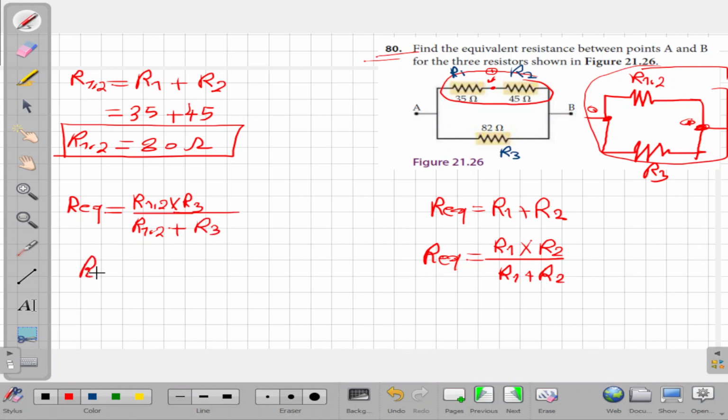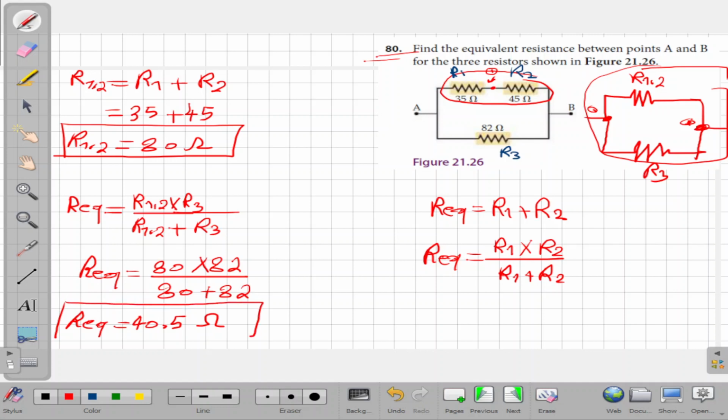Substitute the values: R12 is 80 times R3 is 82, over 80 plus 82. Plug this in the calculator and we will find that R equivalent is equal to 40.5 ohm, the equivalent resistance of this electric circuit between points A and B.